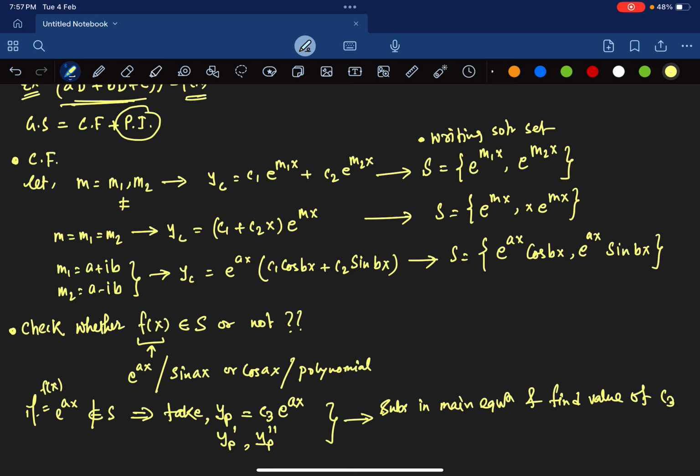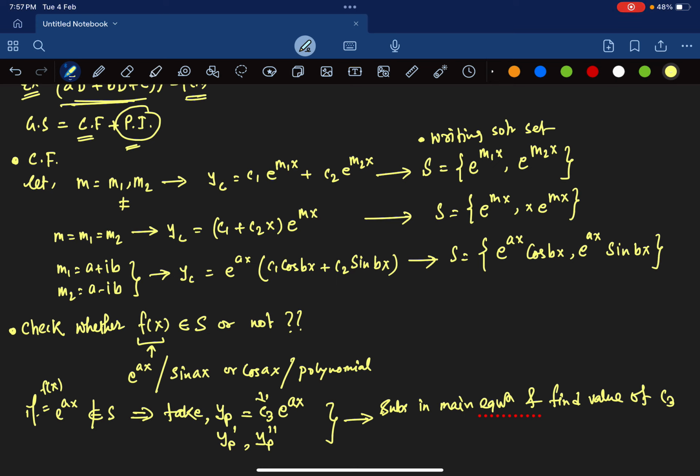This is the coefficient and you are going to find the value for c3. Once you get this c3, immediately yp is there for you. Now the final solution is CF, which you already have, plus the particular integral you just got. Substitute these values and you will get the final answer.